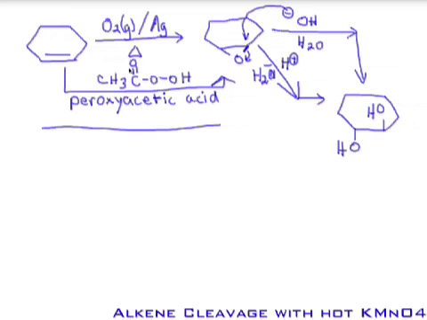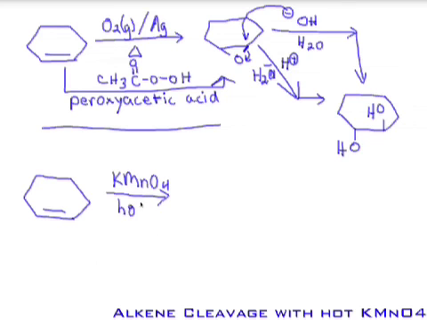For example, we use cold dilute KMnO4 to make the diol. But what happens if I hit this guy with KMnO4 in acid rather than base? Okay, hot KMnO4. And I might put acid here. So I might put H+. Hot KMnO4.